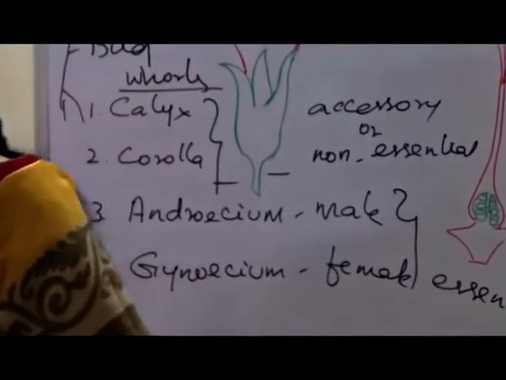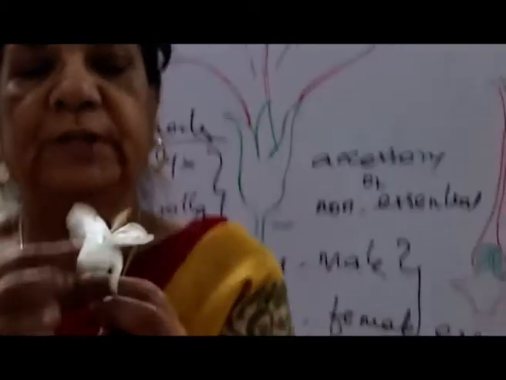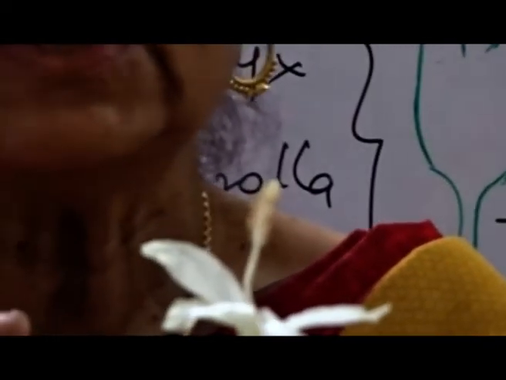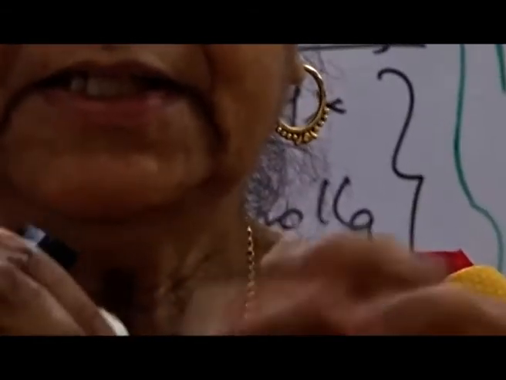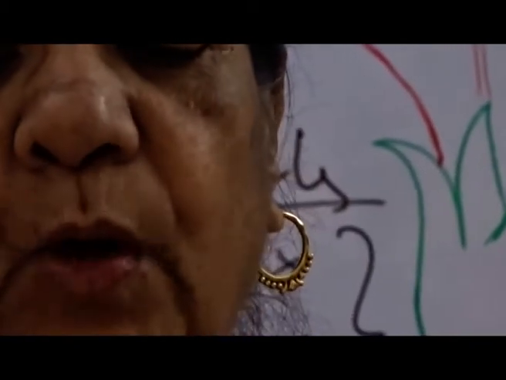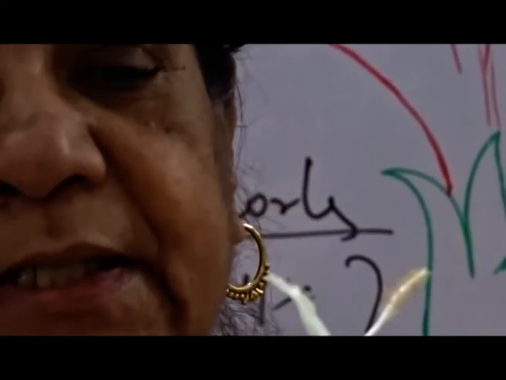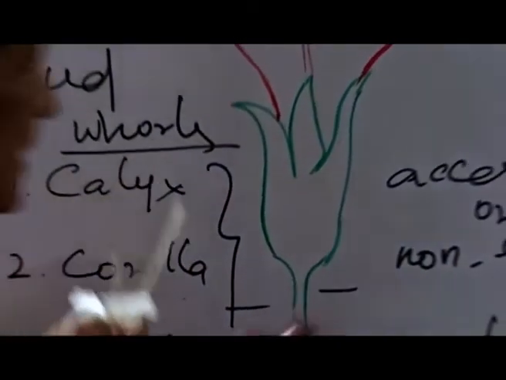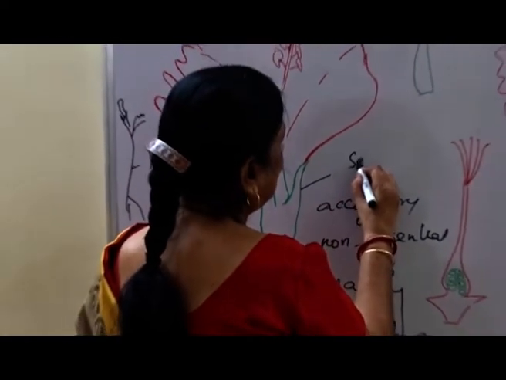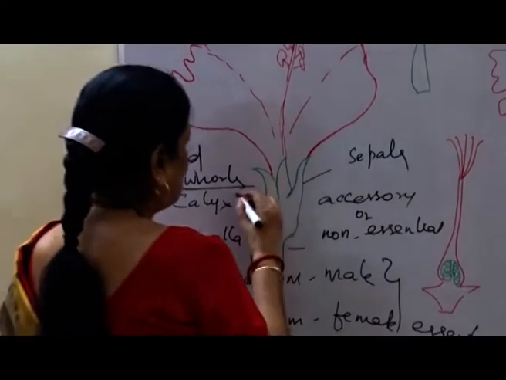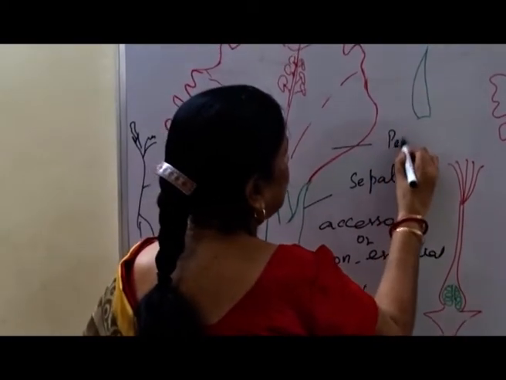Here, see this one. What I am holding is the stalk of the flower. It is called the pedicel. The green one, what you are seeing, is the calyx. The white ones are the petals. Now I say calyx, green in color, is formed of sepals. Again, calyx is formed of sepals, the green color, and corolla is formed of petals.